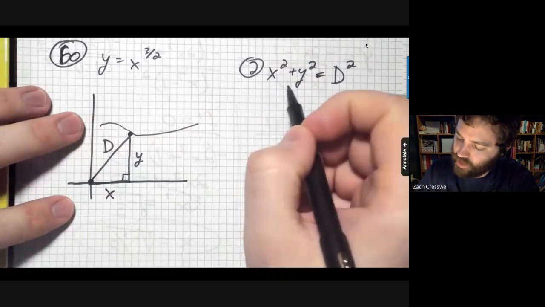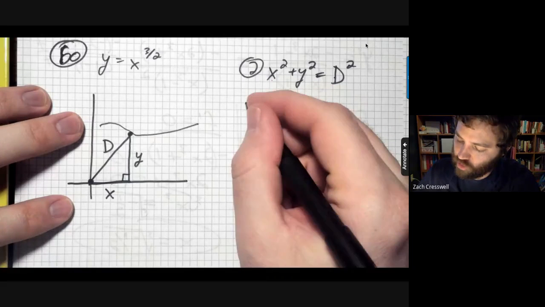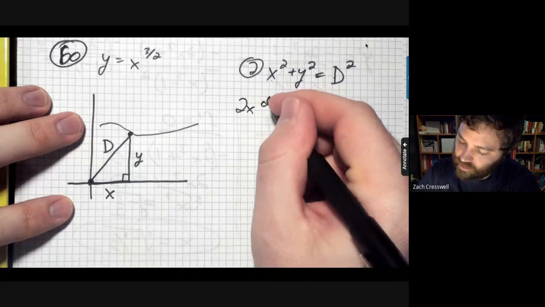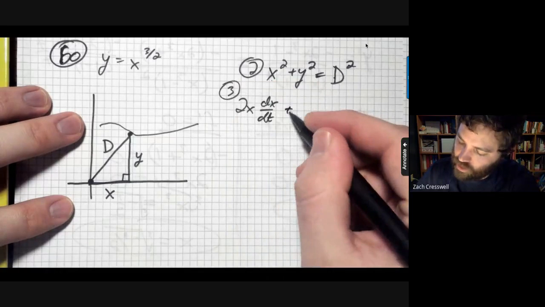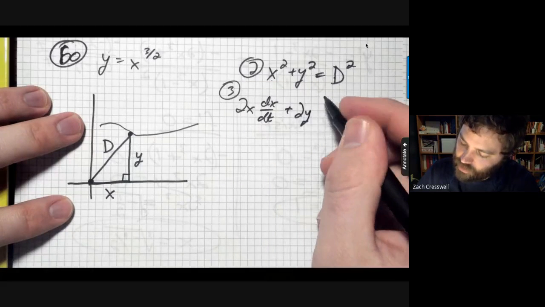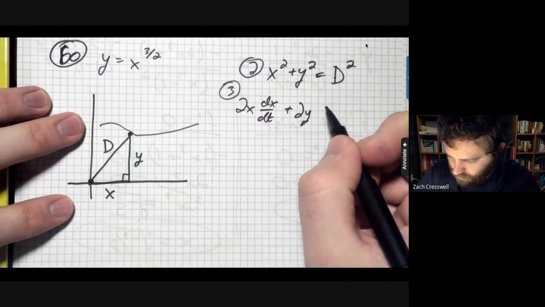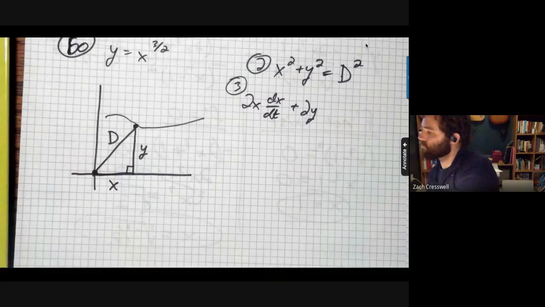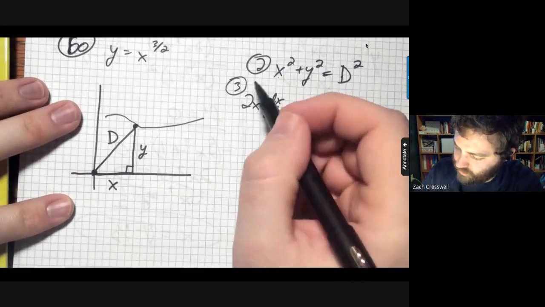So what we'll do here, since x, y, and D are changing with respect to t, we're going to get 2x dx/dt, this is step 3, and 2y dy/dt. Actually, no. I'm going to simplify this a little bit.